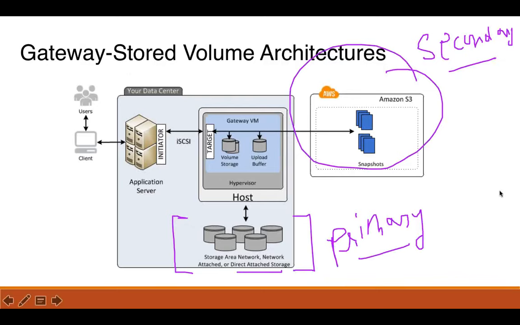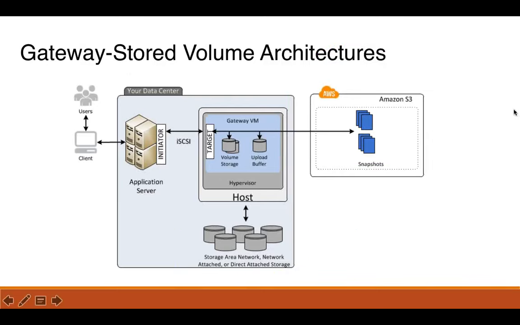Now here, you have the storage gateway. A storage gateway is nothing but a virtual machine running on a physical host in your data center. I repeat, a storage gateway is a virtual machine running on a physical host in your own data center. Within this virtual machine, you have something called volume storage.